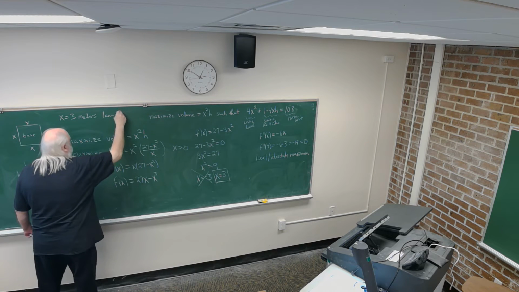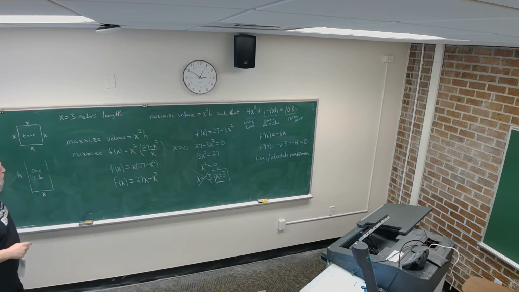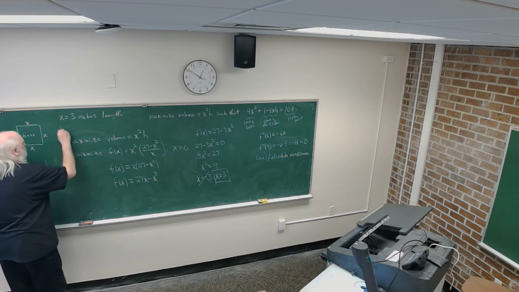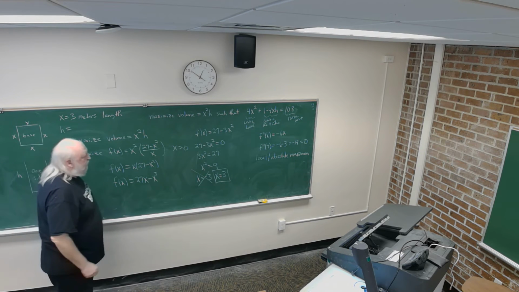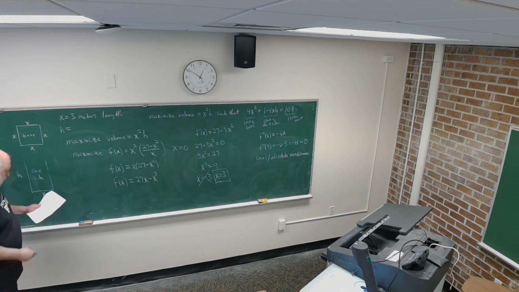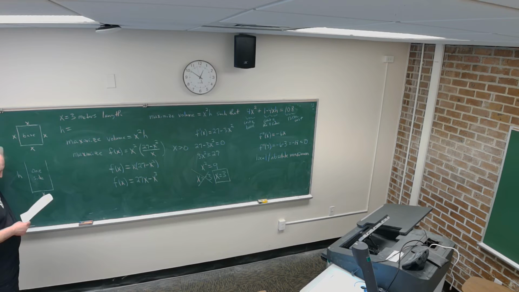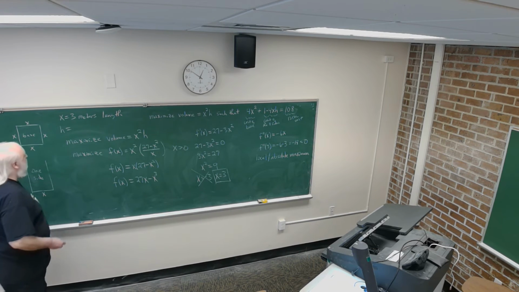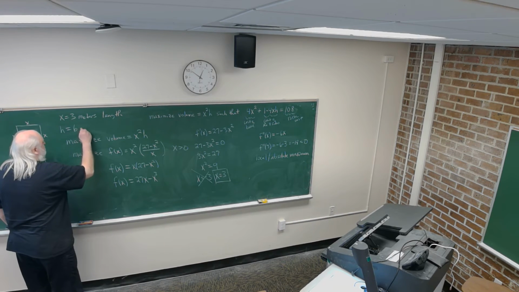I guess I used the word length instead of width, so I'll stick with that. And then for the height h, when you plug in for x, you get h is equal to 6 meters.